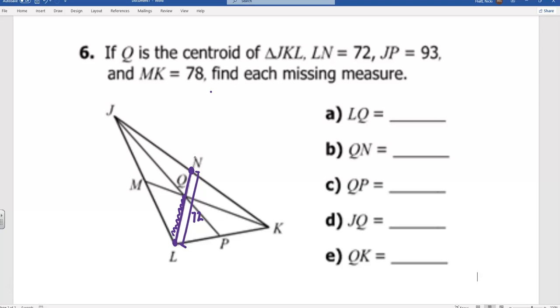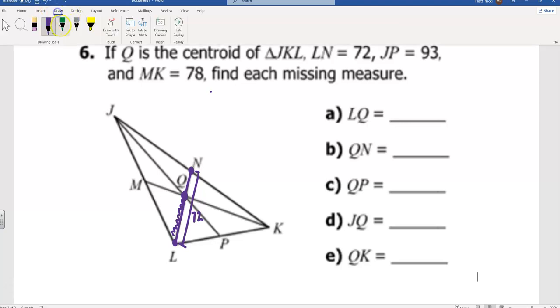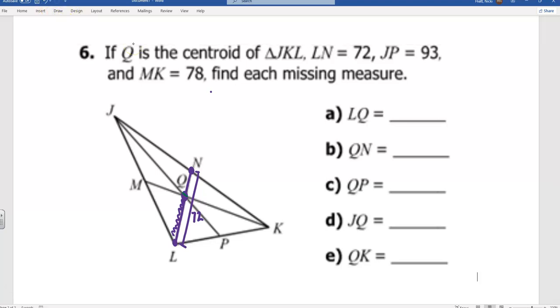No. Because does that point Q cut it in half? Does that cut 72 in half? It's a third, exactly. Because if I've got this length right here, this piece over here is twice that long. So if I cut this piece in half, I've got 3 equal pieces, right?